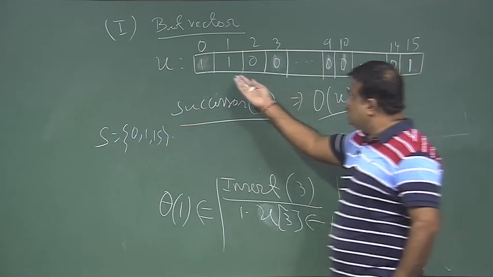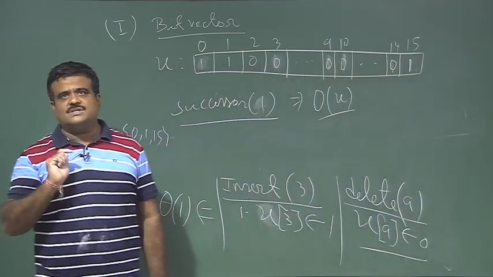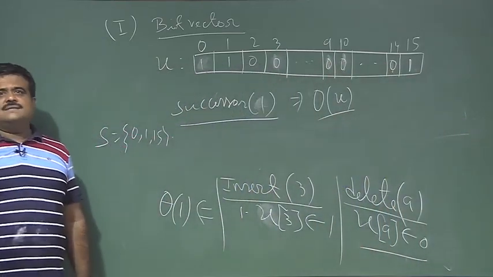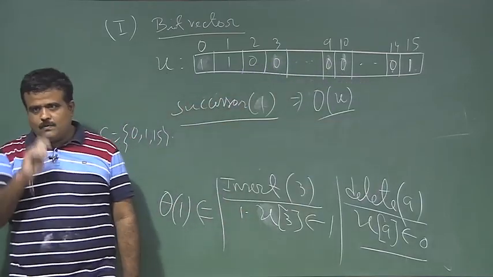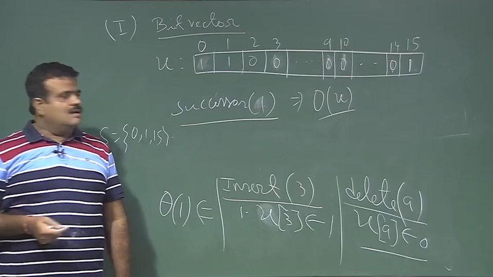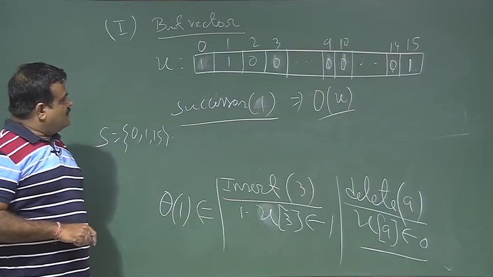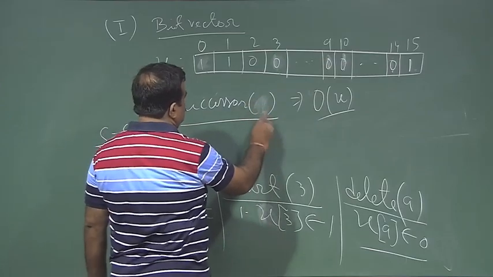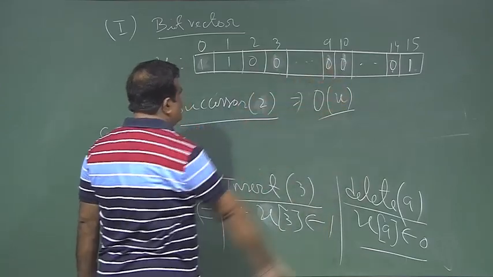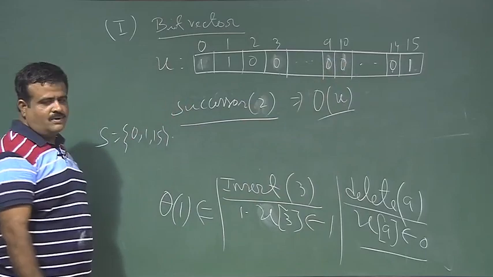If the array is like this, suppose we are searching for an element x such that after it nobody is there except the end. Even if we search the successor of say 2, we have to scan all the elements after 2.